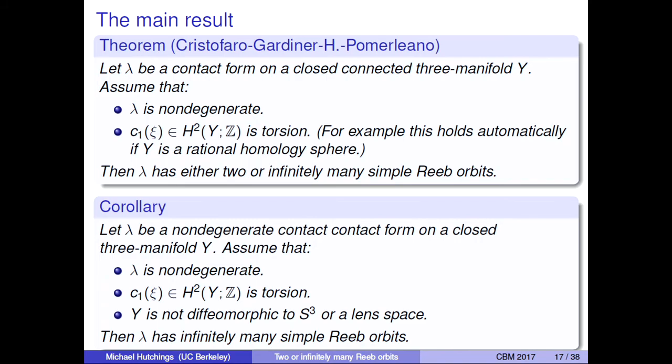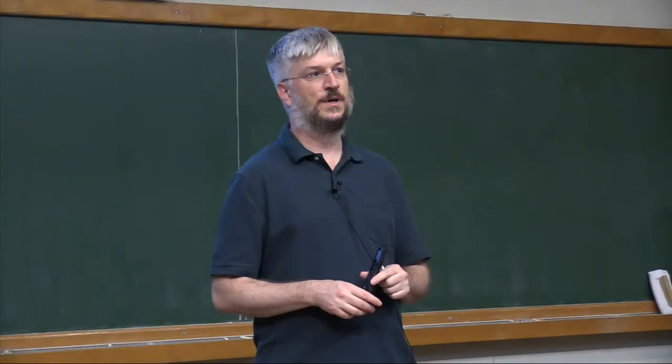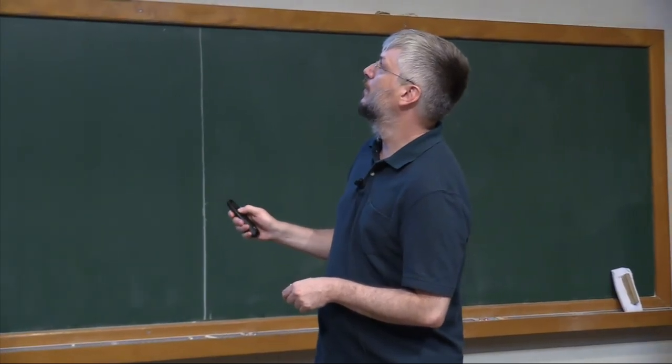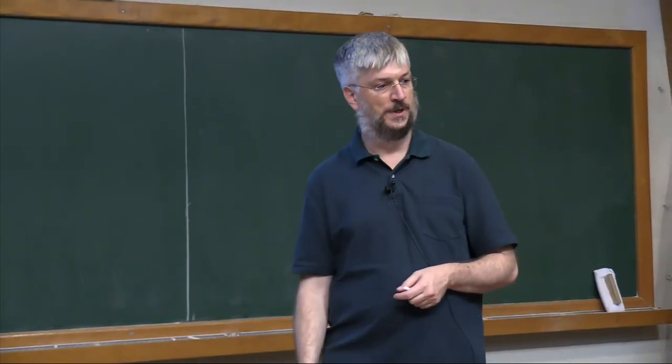First, the contact form is non-degenerate. And second, the first Chern class of the contact structure, the kernel of lambda, is torsion in the second cohomology of Y. So this is automatically true, for example, if Y is a rational homology three-sphere. Under those two assumptions, there are either two or infinitely many simple Reeb orbits.